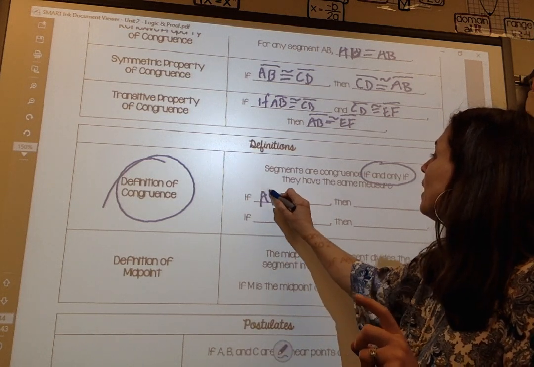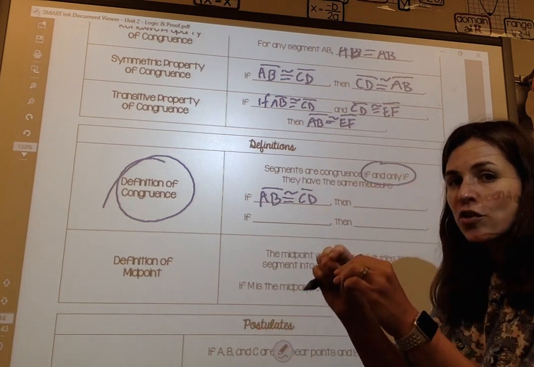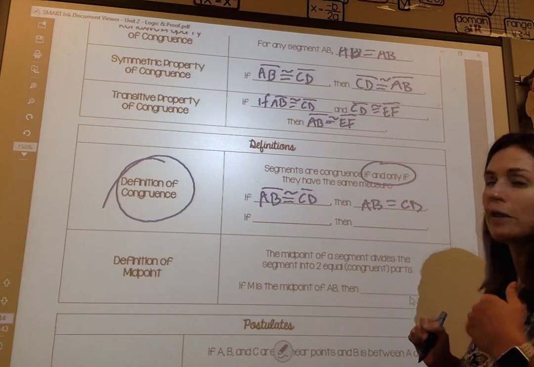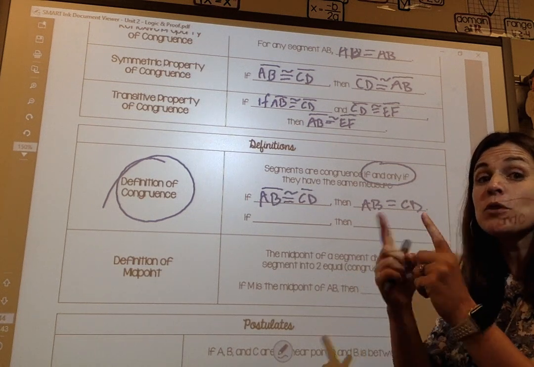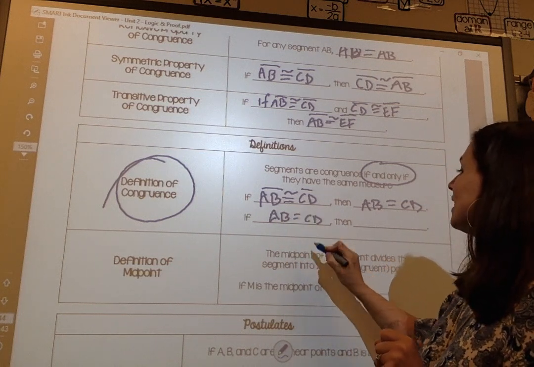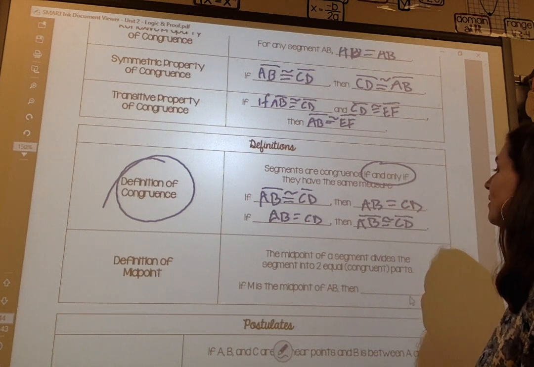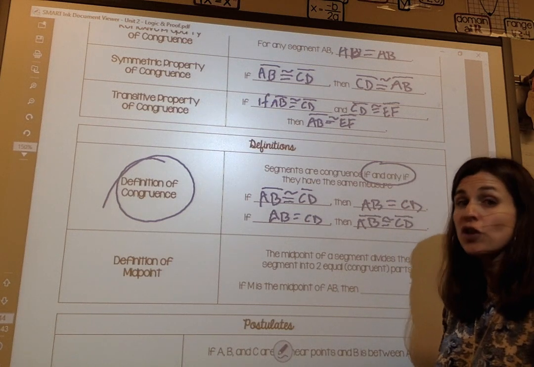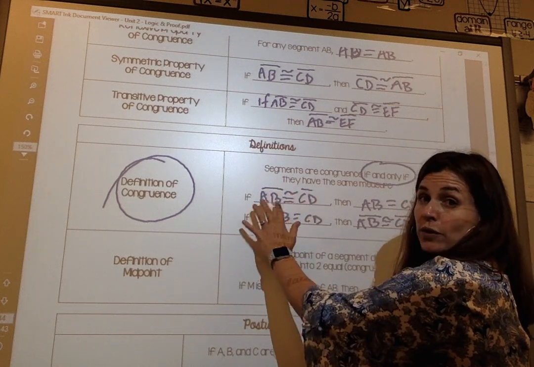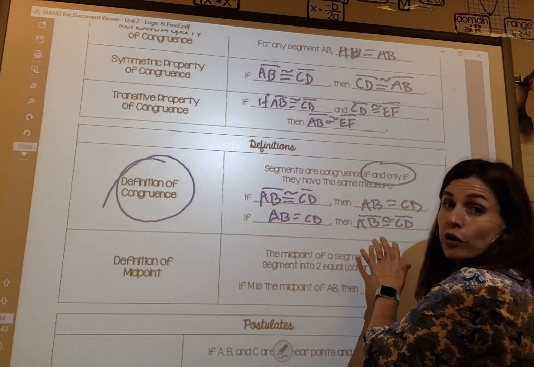If AB is congruent to CD, then the measures are equal. Then AB equals CD. And remember, it's biconditional, so it goes both ways. If AB is equal to CD, then AB is congruent to CD. Definition of congruence means they're congruent, which means they're equal in length. And if they're equal in length, then they're congruent.